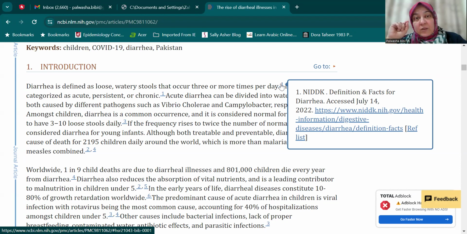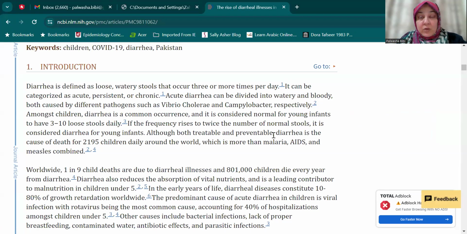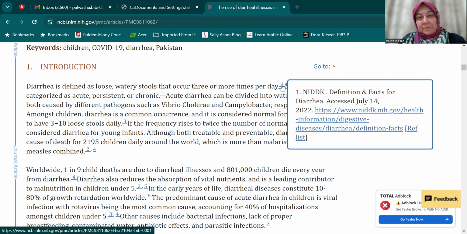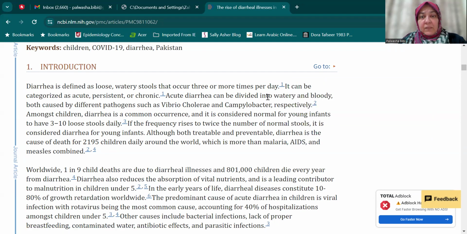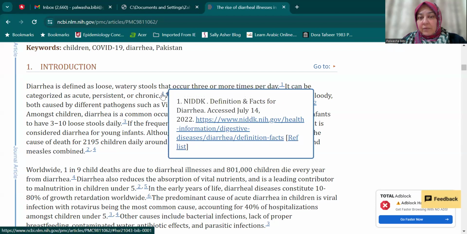After that, wherever in the introduction you have made a claim, like if I say this is the definition of diarrhea, while in research I cannot make up a definition of diarrhea. I have to give a reference. Okay. It can be categorized as acute, persistent, or chronic. Again, reference.